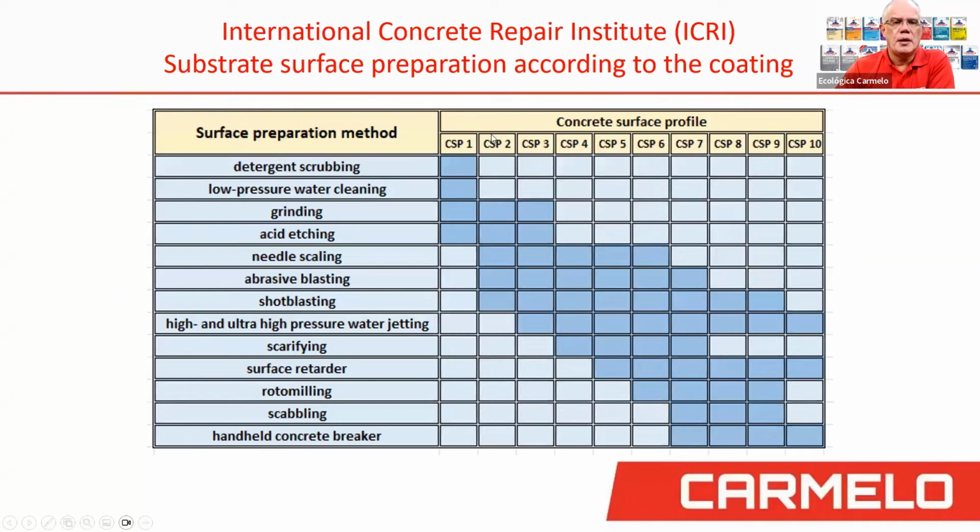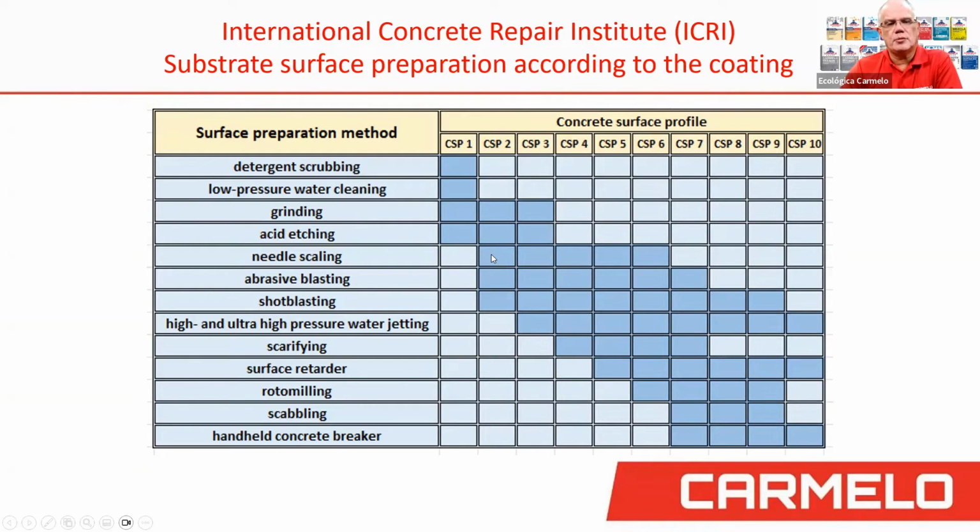If you need a 1, you'd be doing a detergent scrubbing, and if you need from 1 to 3, a CSP 1 through 3, you'll be grinding or acid etching. I wouldn't use acid etching because that really requires a lot of cleaning after doing that.